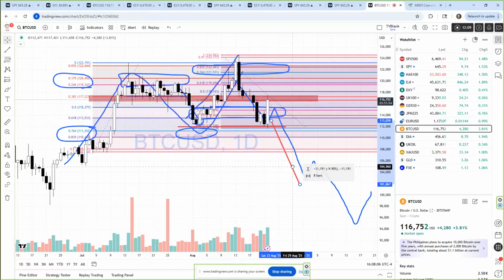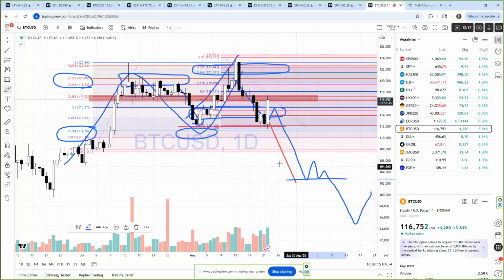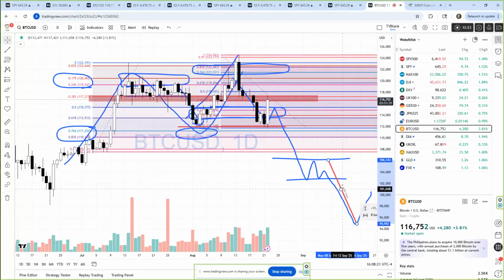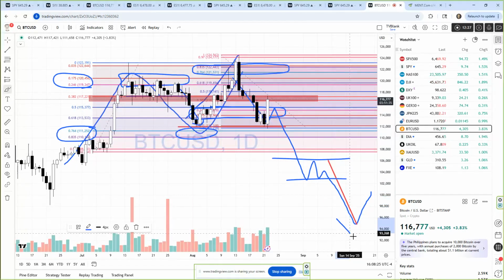If I drag the flag height back over here, hypothetically, anywhere in this area should move us down into the consolidation range here. And then potentially from the consolidation range down, moves us down to our ultimate low. Ultimate low in this area looks like 95,000, 96,000, and we'll see if it happens.